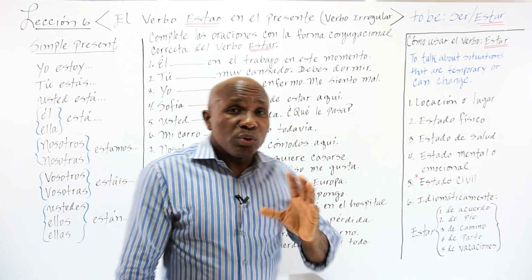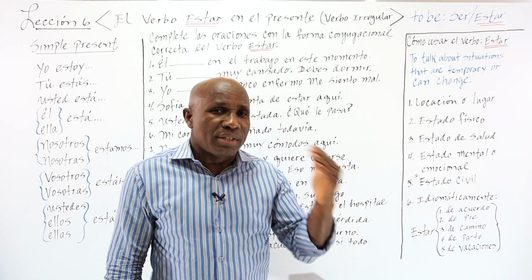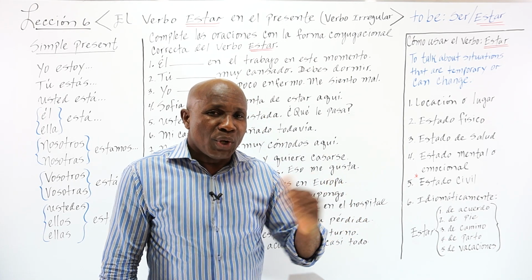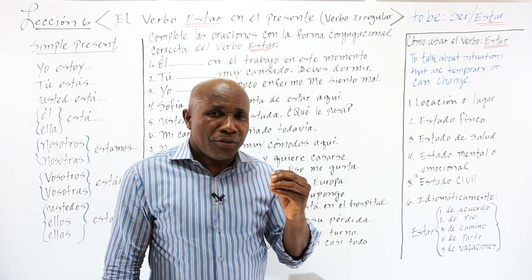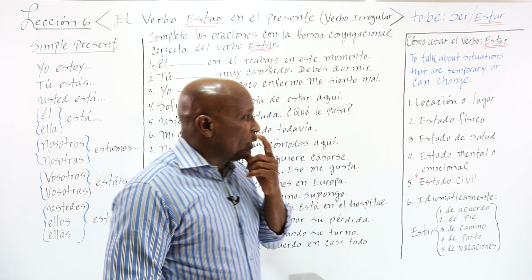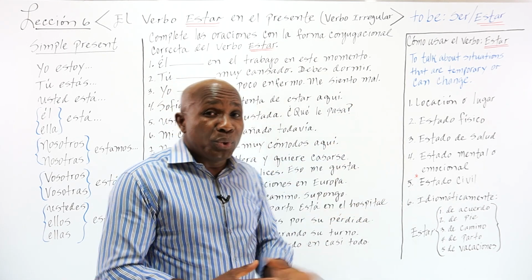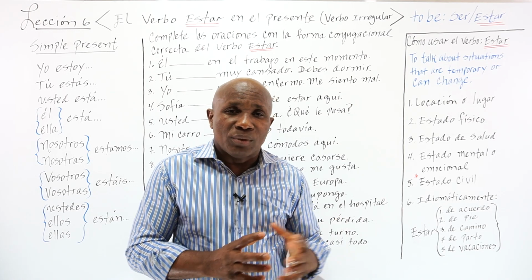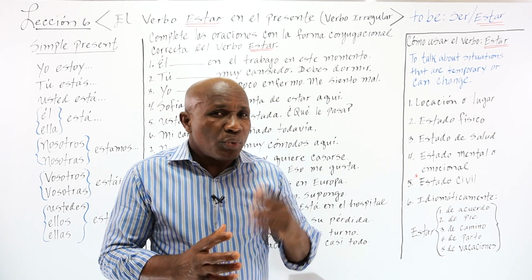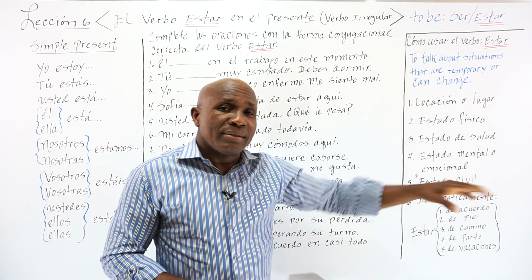But how do you use the verb estar in Spanish? In which context? We saw the context in which the verb ser is used in lesson number 5, but here in number 6 we have this context. We use the verb estar, usamos el verbo estar, to refer to location or place, all right?